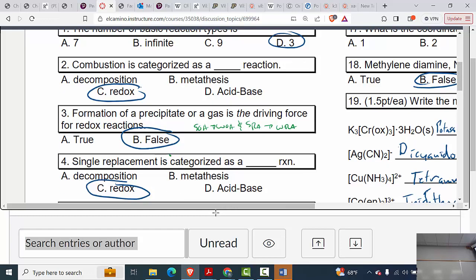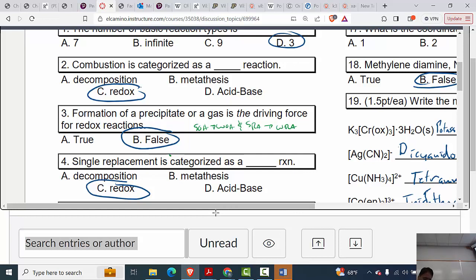3, formation of a precipitate or a gas is the driving force for redox reactions. No, when oxidation states change, that results in a significant change in energy and reactivity. So for example, sodium metal versus sodium ion. Sodium ion is unreactive, stable, whereas sodium metal is extremely reactive and reacts violently with things like water.